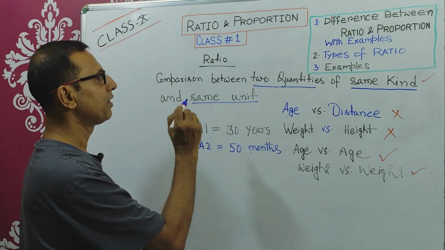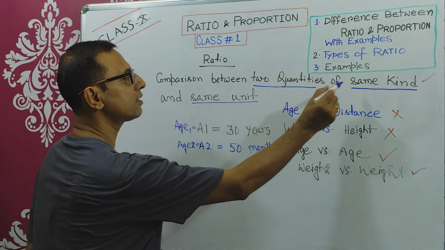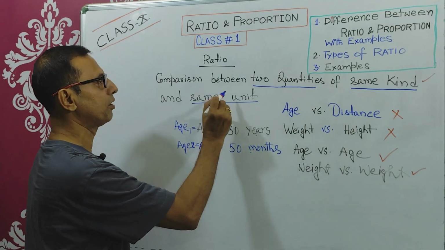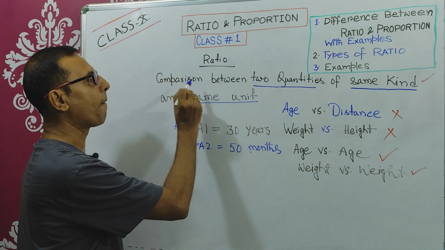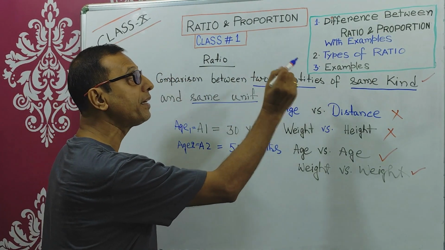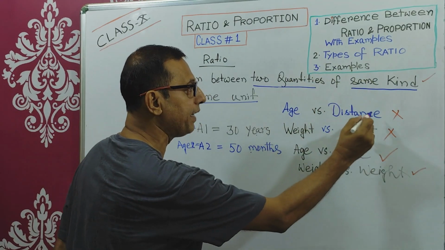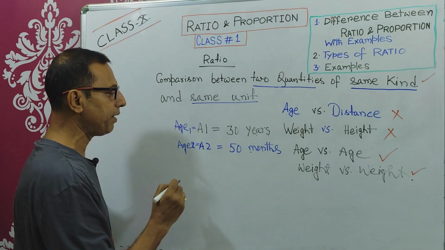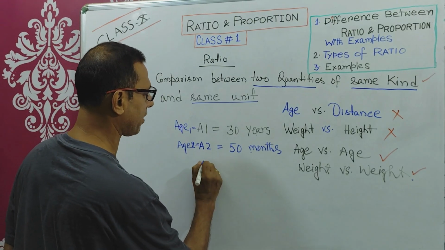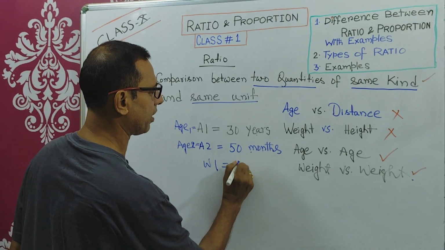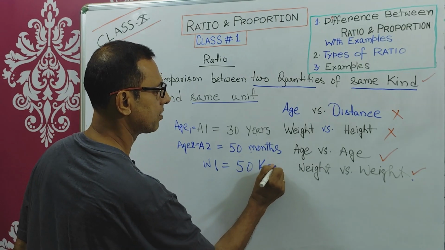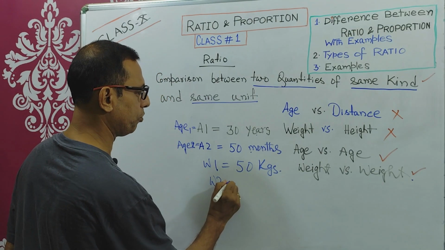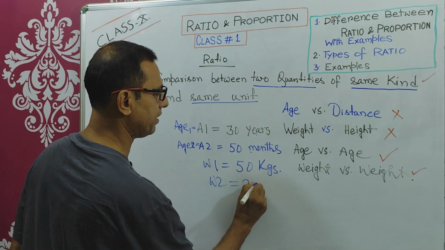So these two terms are very important: ratio is the comparison between two quantities of the same kind with the same unit. Now you can compare weight W1 equals 50 kg and weight W2 equals 30 kg.